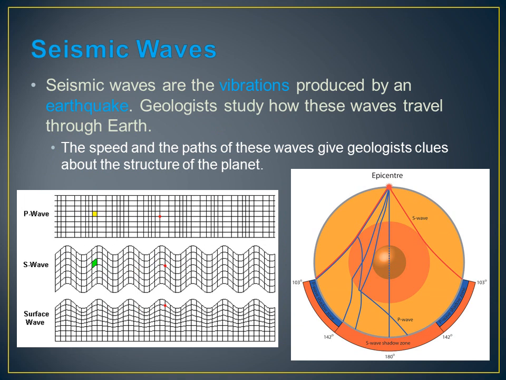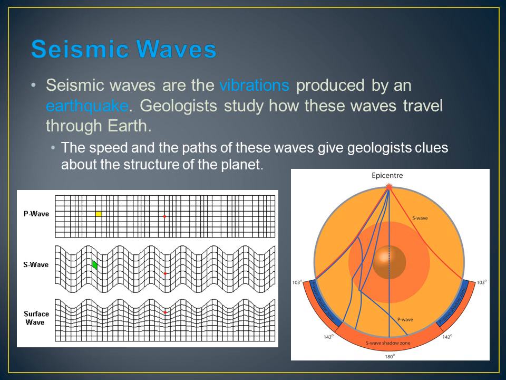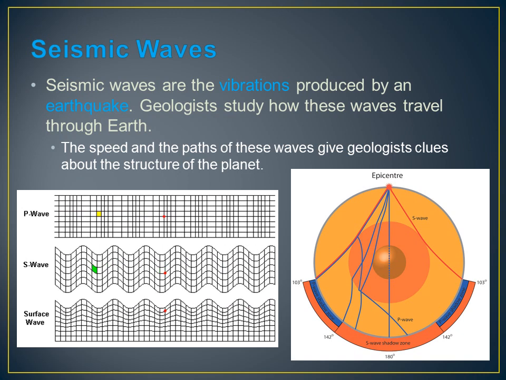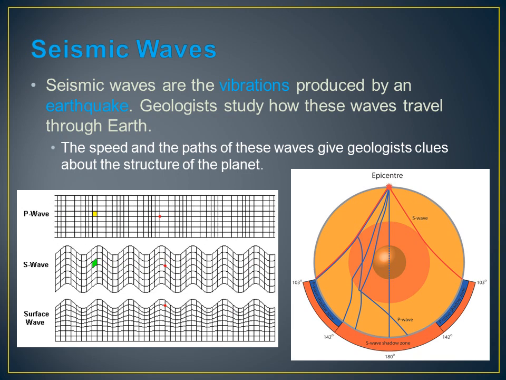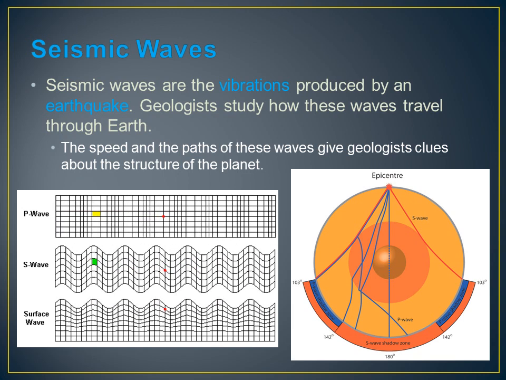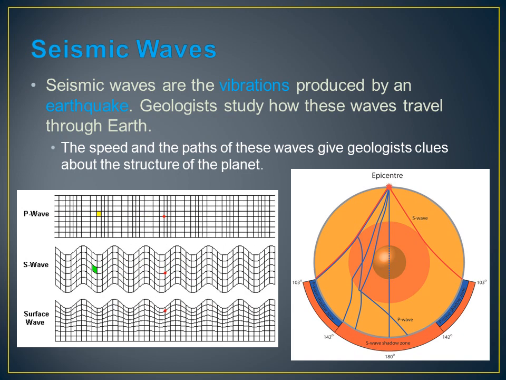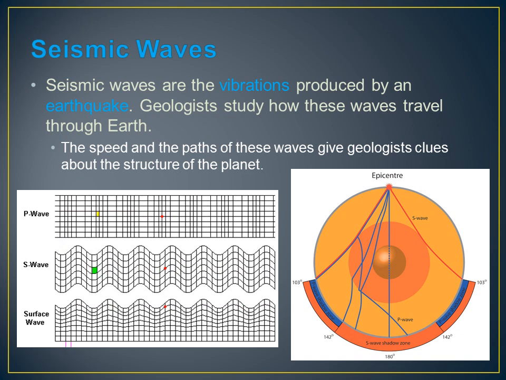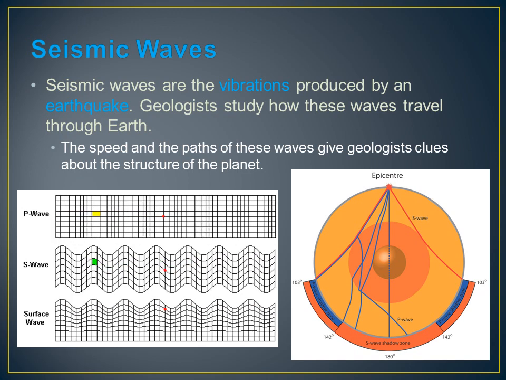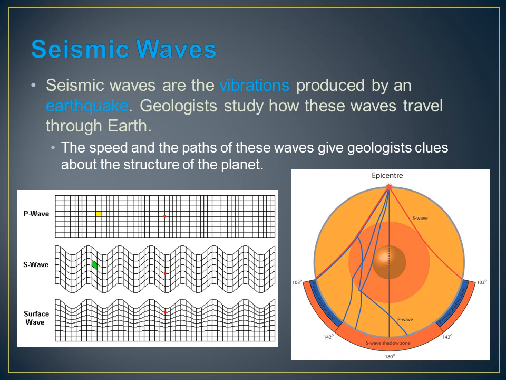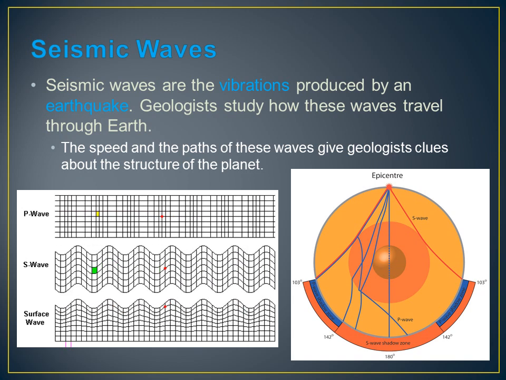The second technique of understanding the earth is through seismic waves. Seismic waves are the vibrations, the movements produced by an earthquake. And geologists study how these waves travel through the earth. On the left, the little GIF you see moving around the picture shows the three types of waves that are released during an earthquake.